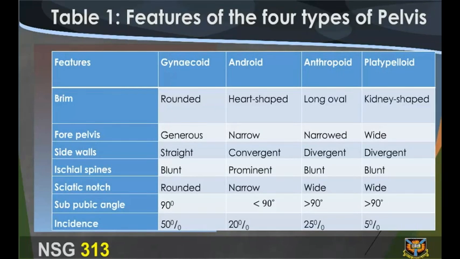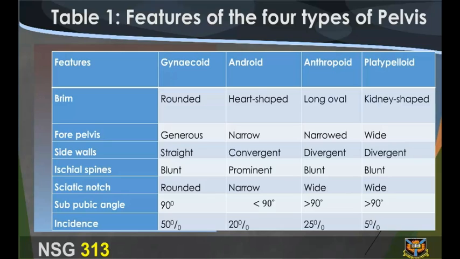Features of the four types of pelvis. Brim: gynecoid, rounded; android, arch-shaped; anthropoid, long oval; platypelloid, kidney-shaped. Forepelvis: generous, narrow, narrowed, wide. Side walls: straight, convergent, divergent, straight.